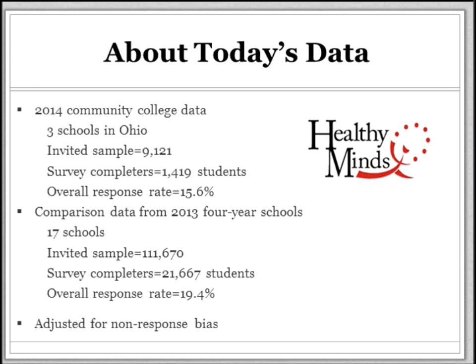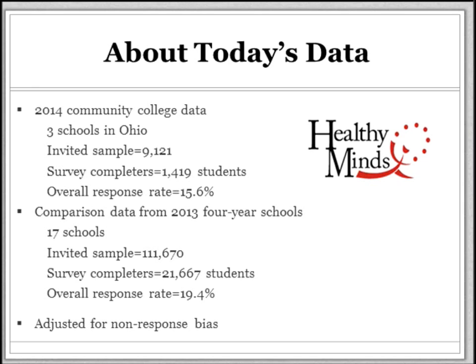In the slides, we're going to show a comparison between the sample from these 3 community colleges relative to our overall sample from the 2013 Healthy Mind study, which is at 4-year schools. We had 17 schools in that sample from last year. We invited over 100,000 students across the 17 schools and had over 2,100 complete the survey, for an overall response rate of about 19%.